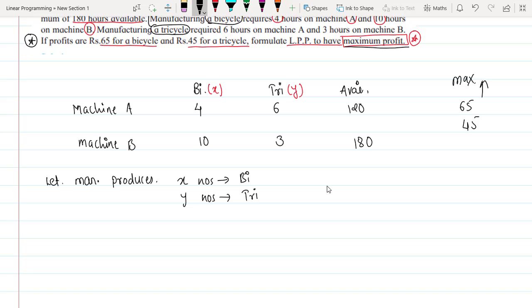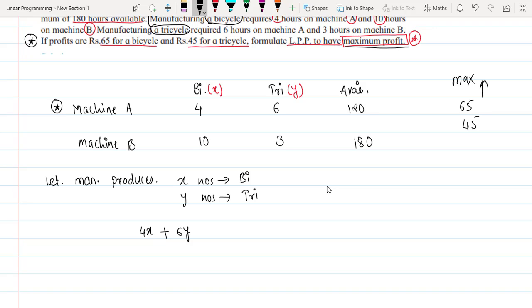So can you give me the first inequality which can satisfy the machine A availability, okay. So if one bicycle requires 4 hours, then x bicycles will require how many hours? Definitely it will require 4x hours. And one tricycle requires 6 hours, then y tricycles will require 6y hours. So total hours means what? It is 4x plus 6y.